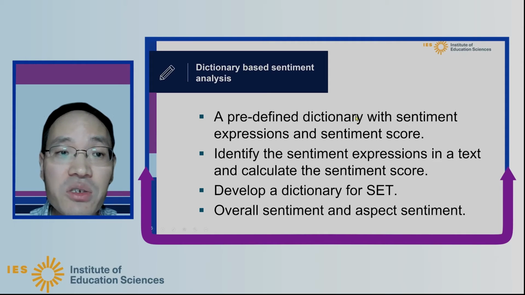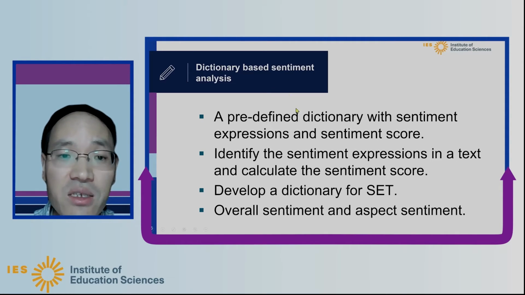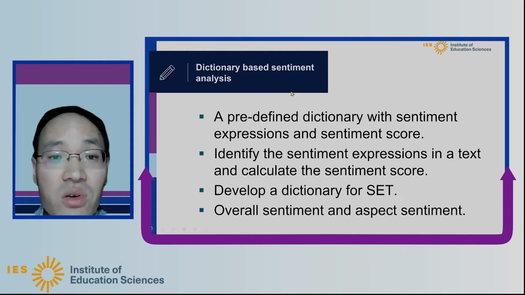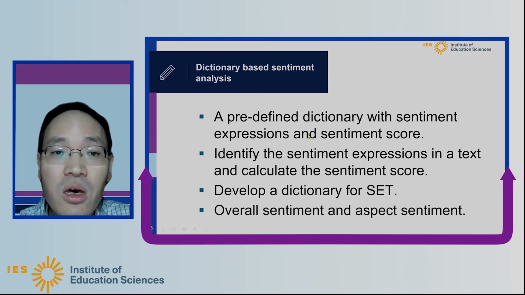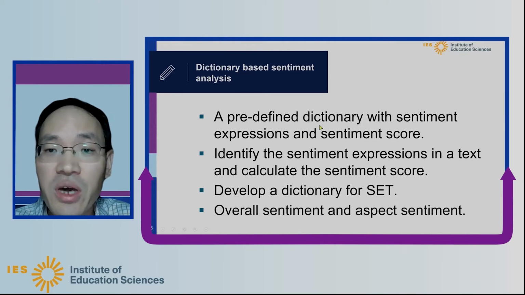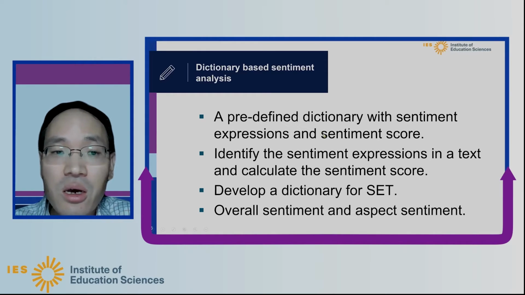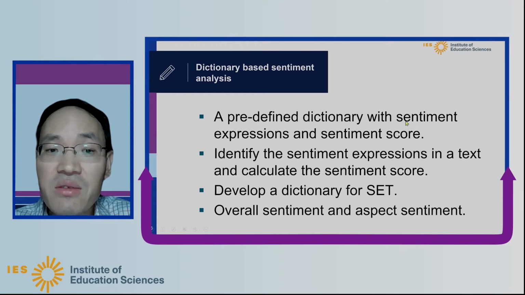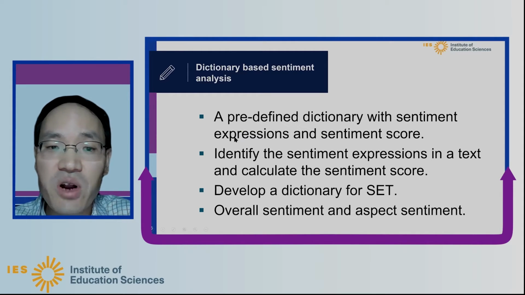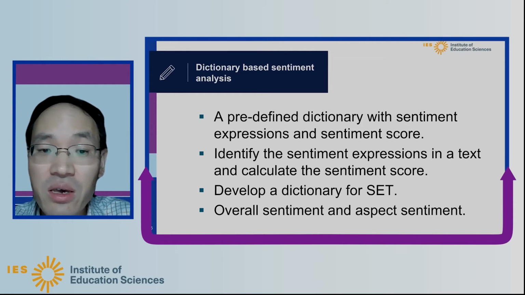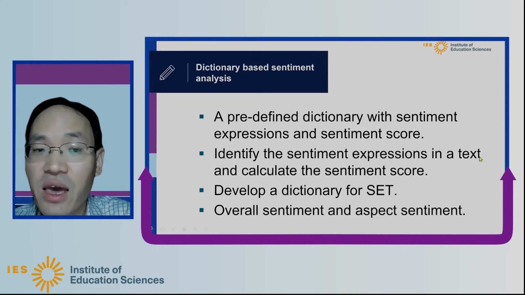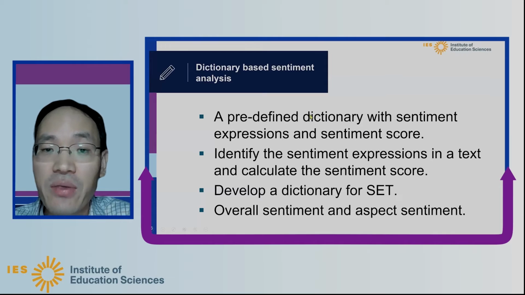Particularly in this presentation, I will introduce a dictionary-based sentiment analysis method. In dictionary-based sentiment analysis, we use a predefined dictionary to calculate the sentiment of a text. In this dictionary, we have sentiment expressions as well as a score for each sentiment expression. If we have a text comment, we first identify the sentiment expressions in the comment based on the dictionary, and then using the sentiment scores, we can calculate the overall score of the text.